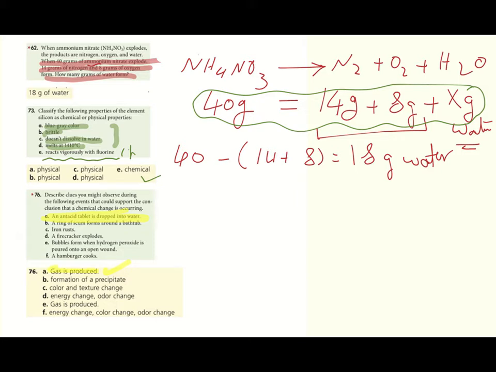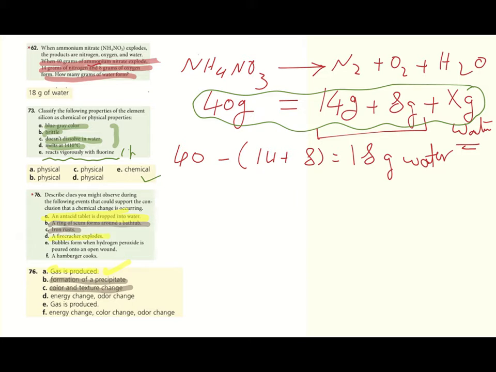Second one, a ring of scum formed around the bathtub. Around the bathtub you can see some green scum is formed. So here is a precipitate, something solid forms. Iron rust. Rusting iron leads to change in color. And then a firecracker explodes.